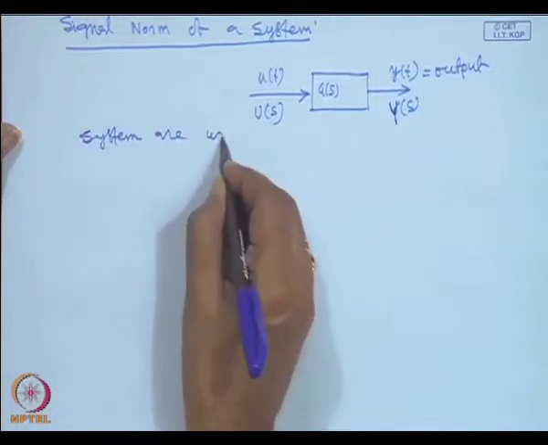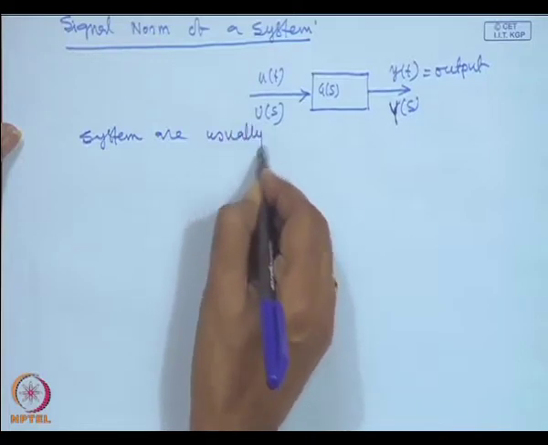Systems are usually, just now I mentioned that we can describe them in two models, either transfer function model or state space model. If you do any model, first you have to write the differential equation based on the physical laws of the system. Once you write the differential equation, then our job is to convert either into transfer function model or state space model.